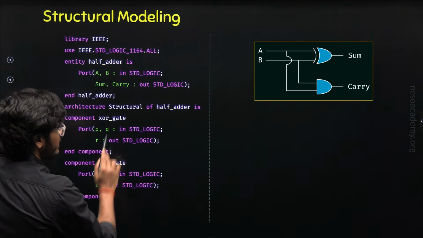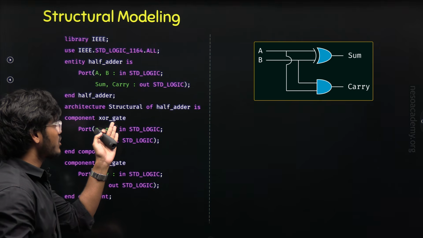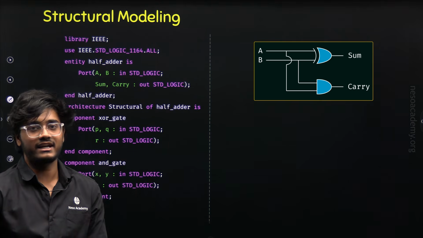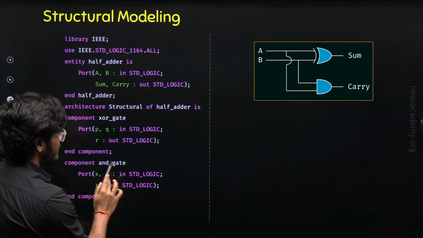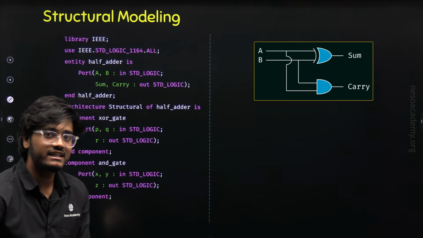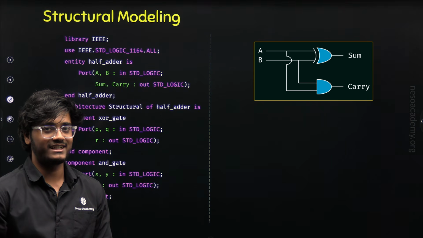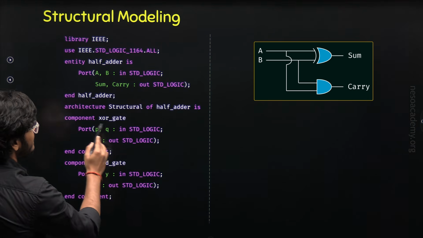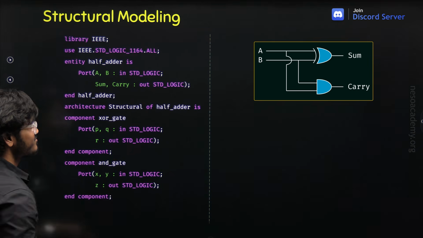The name of the component must be the same as the entity name of the component XOR gate that we have written in the previous slide. Similarly, the name of the component AND_gate must be the same as the entity name of the AND gate that we have written in the previous slide.